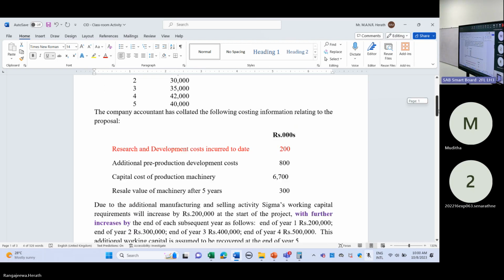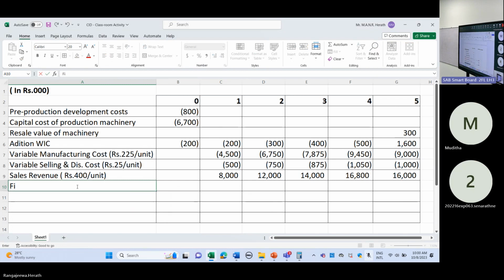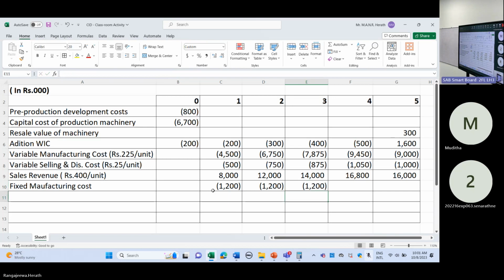This is the other fixed cost in manufacturing, up to 35,000 production.